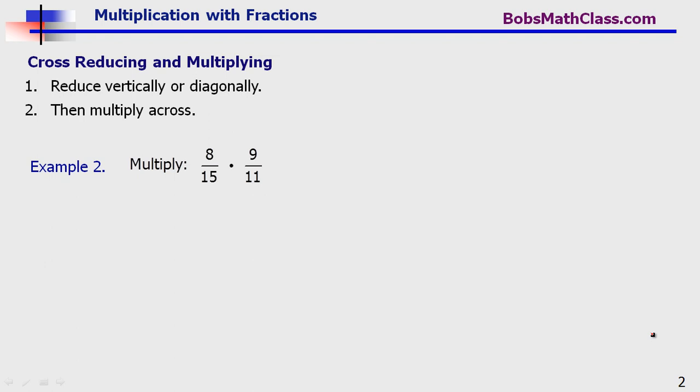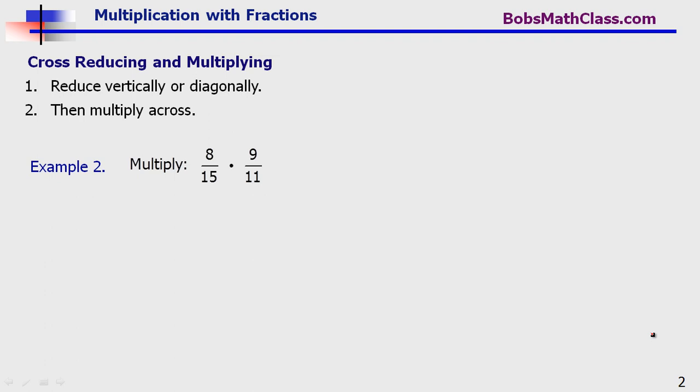So now we'll have a better process here. Our first step is to reduce vertically or diagonally. And then second, we can multiply across. Last time what we did is we multiplied across and then we reduced.